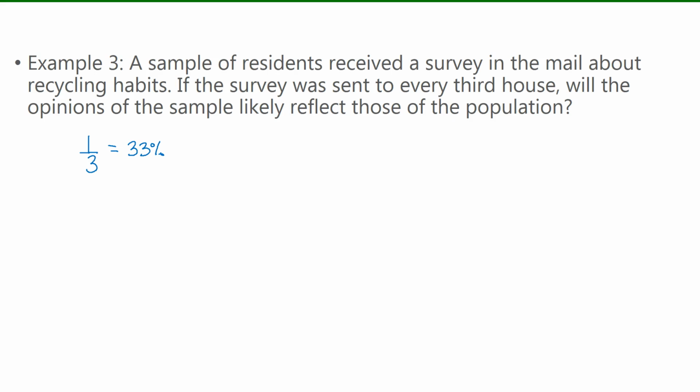They would have to complete the survey and then mail it back, and not many might actually do that, so the number of participants might be quite lower than 33%. And then due to the low number of participants, I would say that the opinions of the sample do not reflect those of the population.